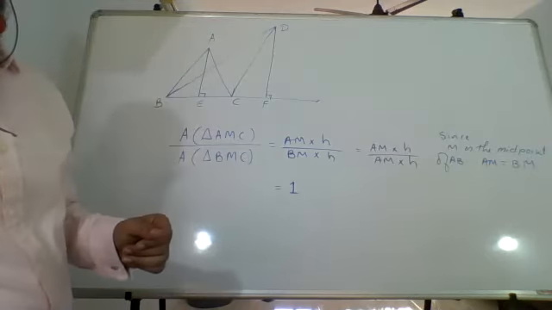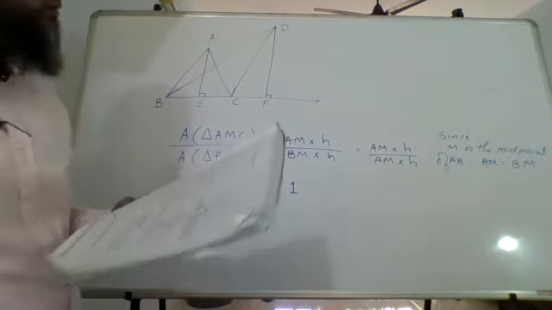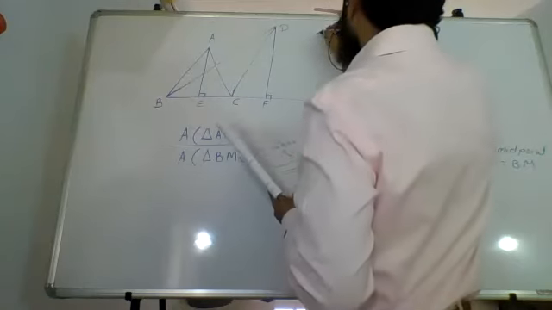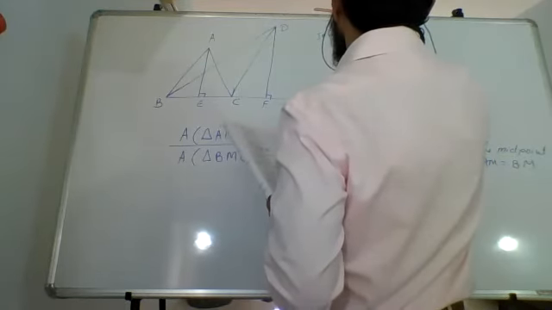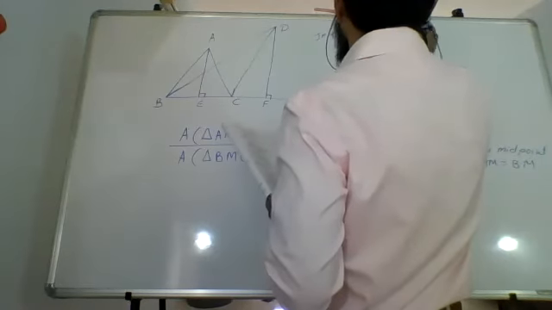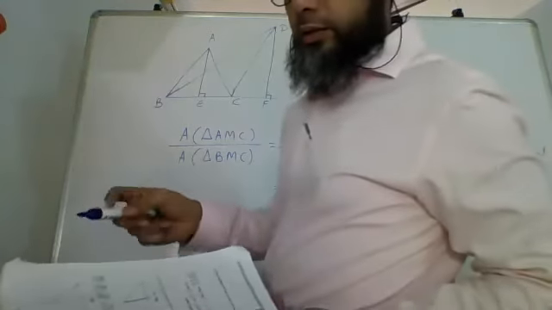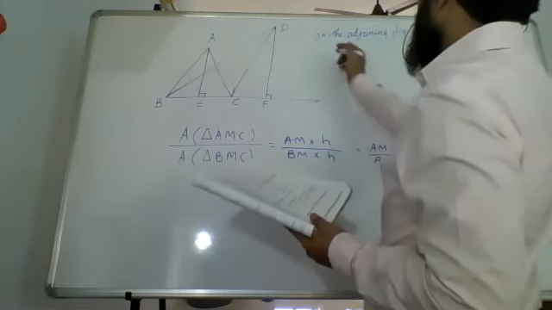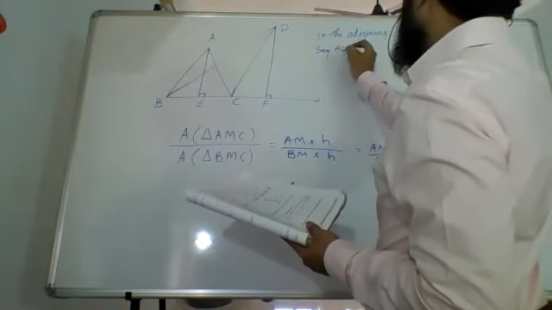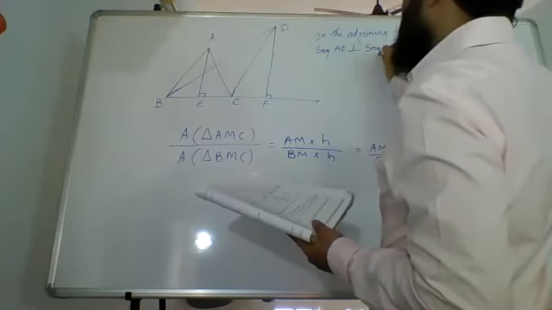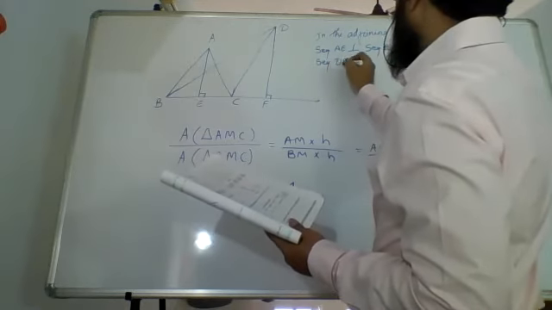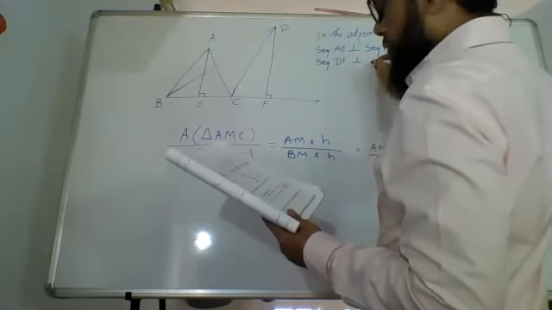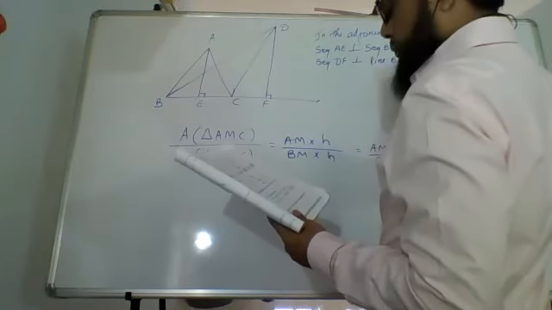Copy, draw this diagram. In the adjoining figure, segment AE is perpendicular to segment BC. Segment DF is perpendicular to line BC.